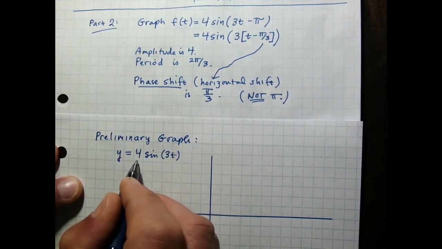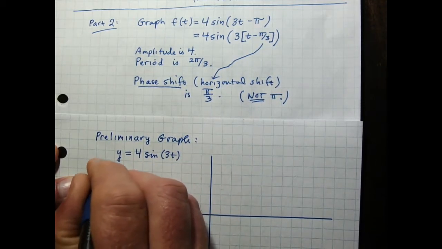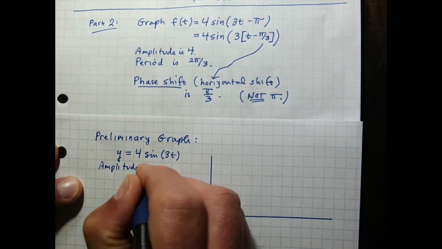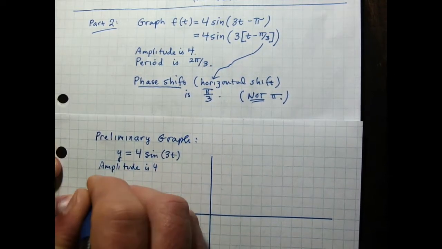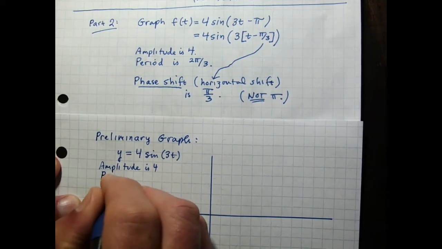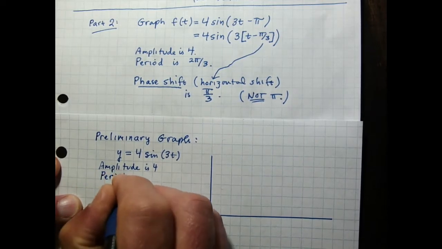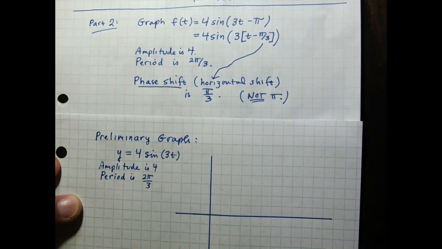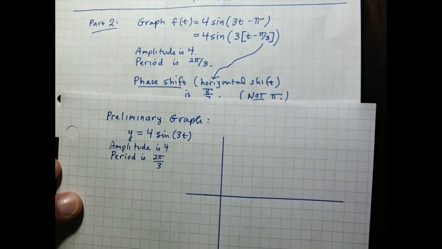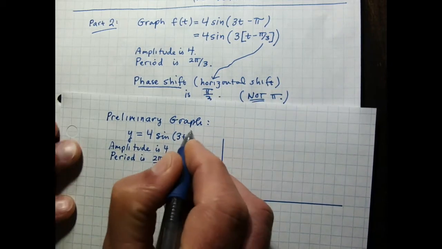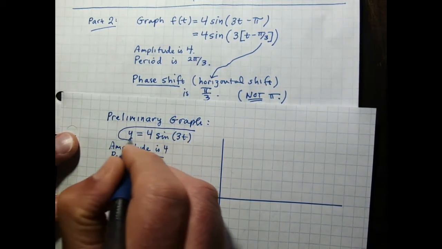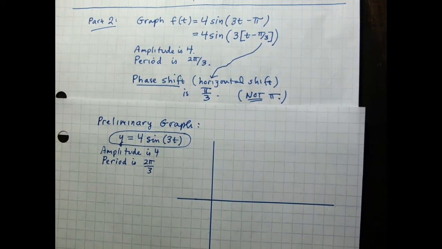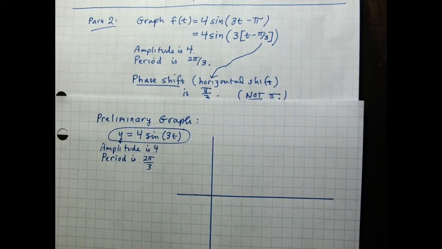So I got the A, I got the B, I got the amplitude of 4, I got the period is the same, but I'm not dealing with the phase shift yet. I'm going to draw a preliminary graph, and then I'm going to use my preliminary graph to incorporate the phase shift and get our function we're really after out of this.